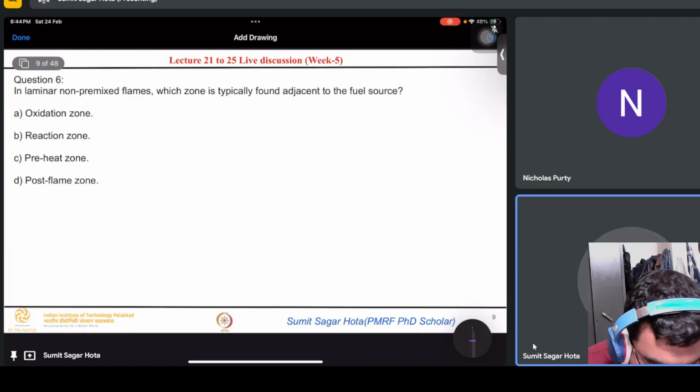In a laminar non-premixed flame, which zone is typically found adjacent to the fuel source?